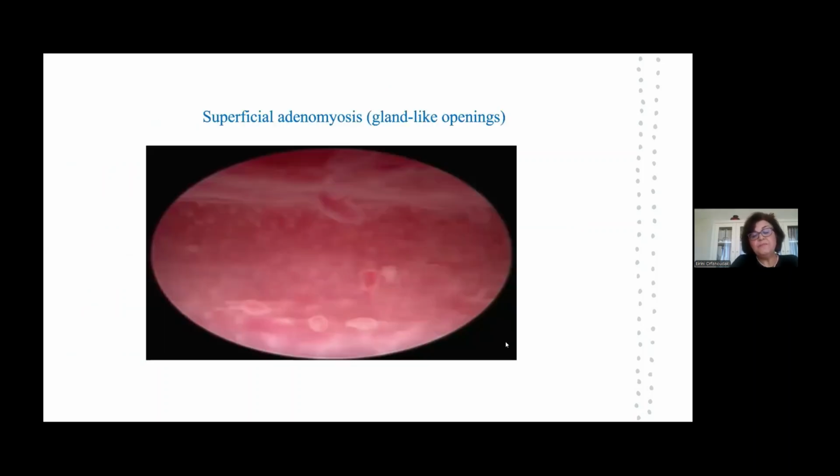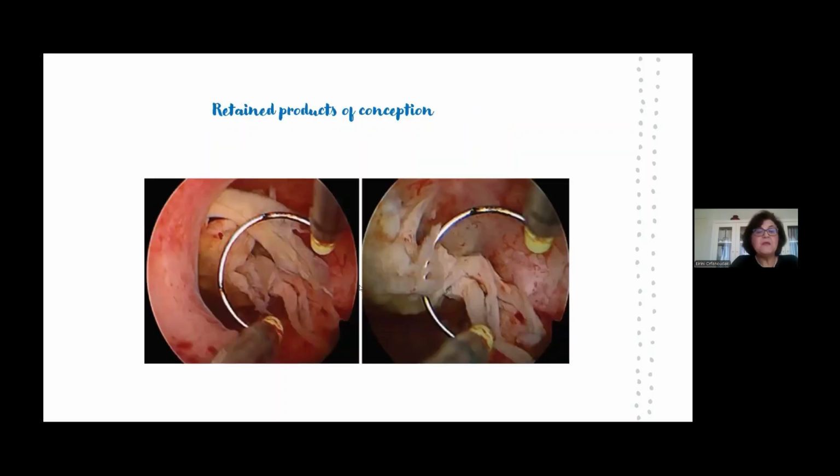Here is a picture of gland-like openings, superficial adenomyosis, retained products of conception.